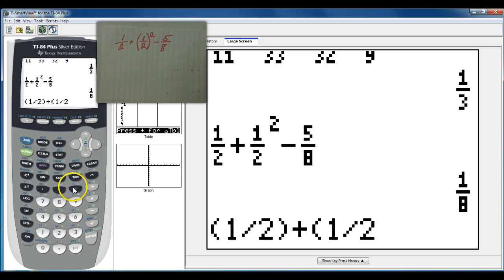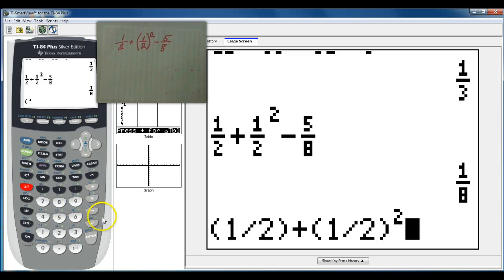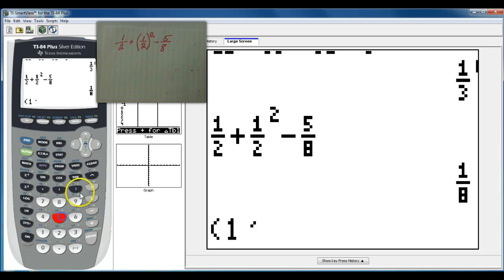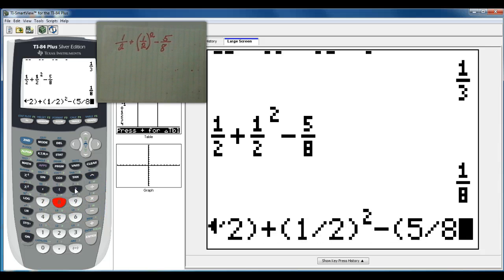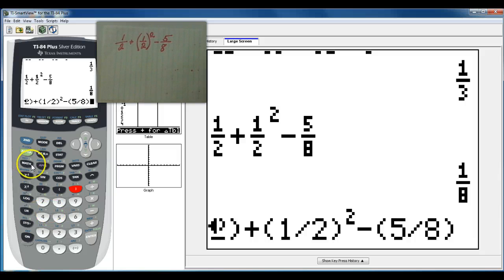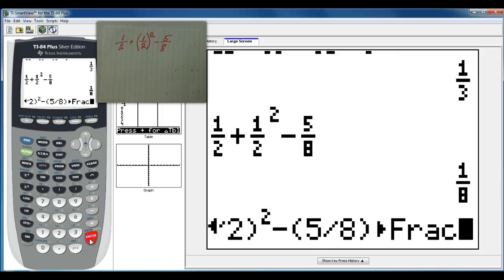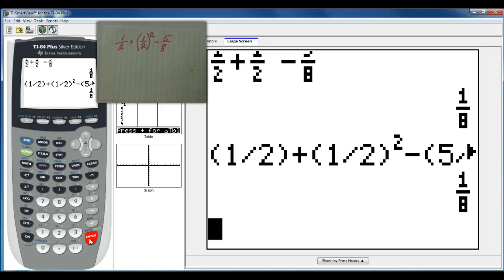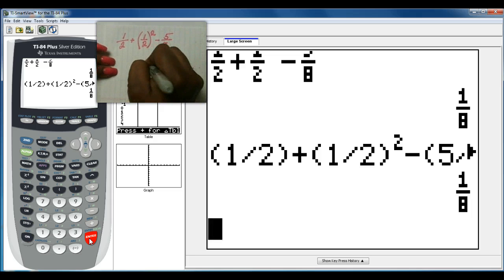It takes a little bit longer if you don't have the upgrade, but you still get the same answer when you're finished putting in all the numbers. So the answer for this one, of course, is 1/8. And this concludes the video on how you do order of operations with fractions in your calculator.